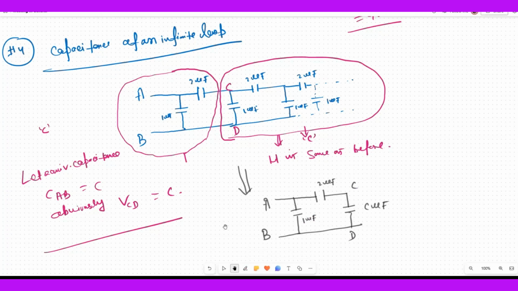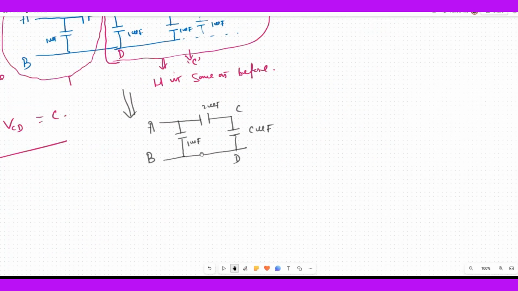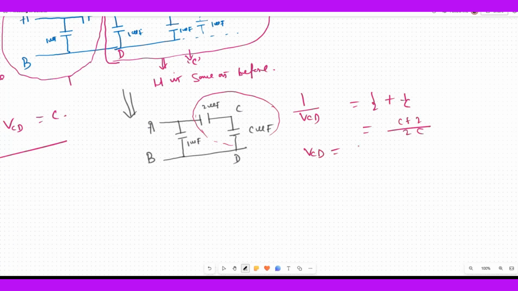Now, between A and B the equivalent capacitance we can find easily, because for this part they are in series combination. So 1 by CACD is going to be 1 by 2 plus 1 by C, that is C plus 2 over 2C. So CACD equals 2C by C plus 2. Now draw the circuit once more.